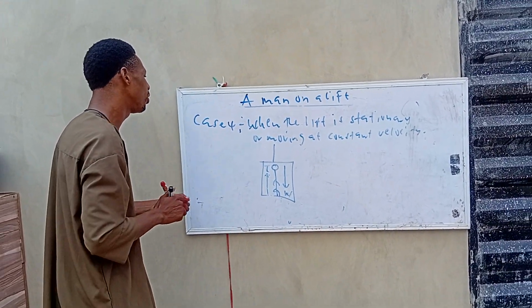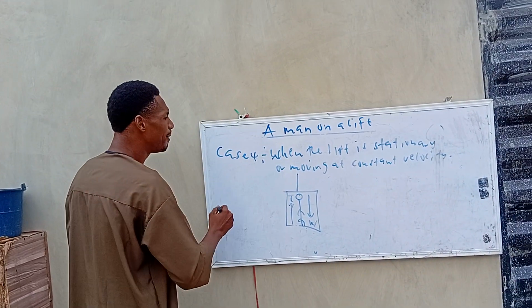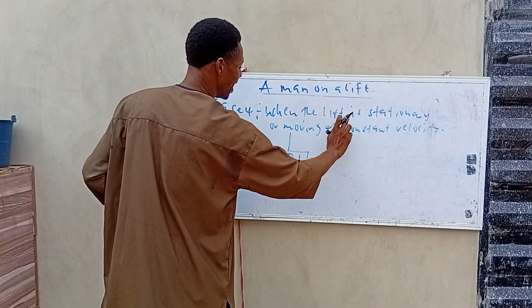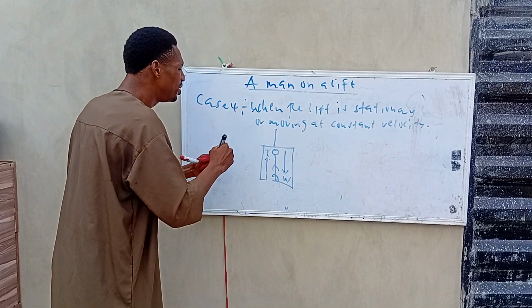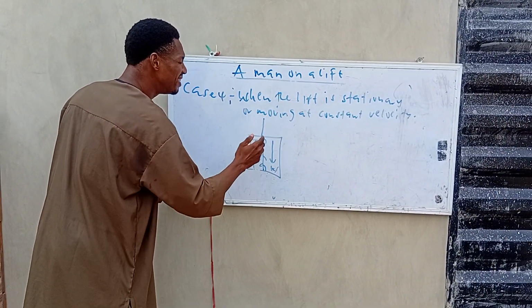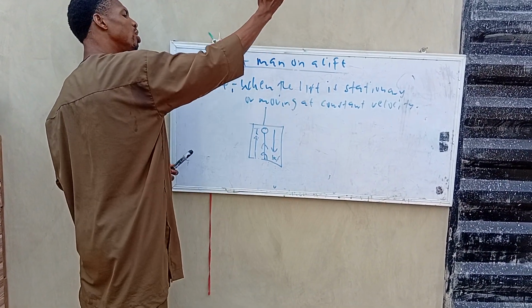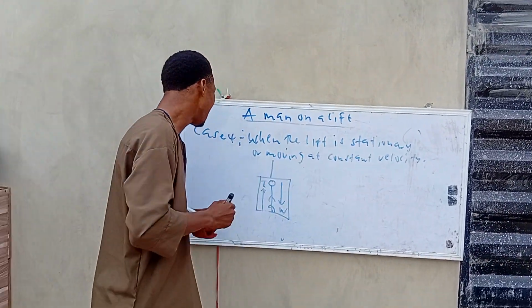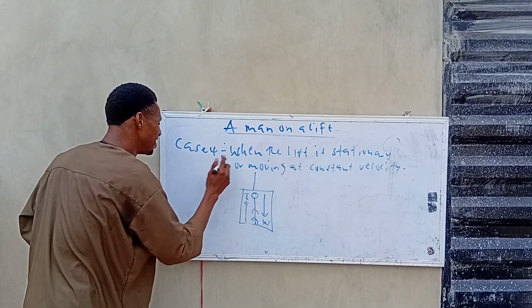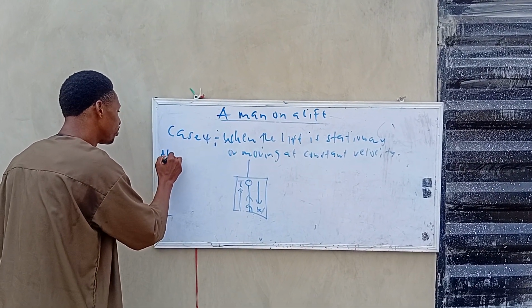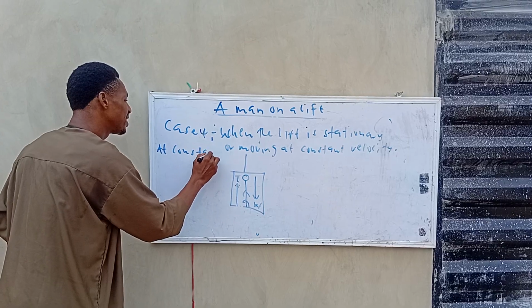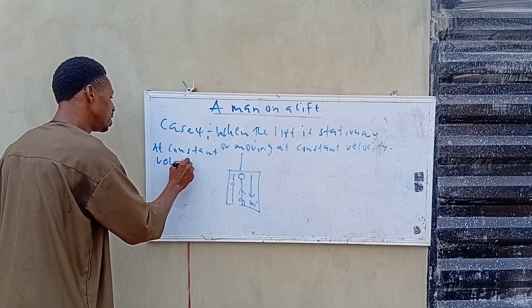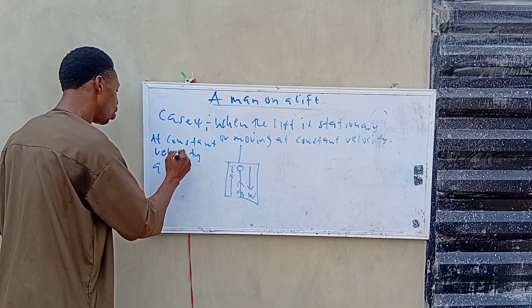Now take note of something. When you hear that the body is stationary, it means this man or this elevator is neither accelerating nor decelerating. At constant velocity, take note that A equals 0.